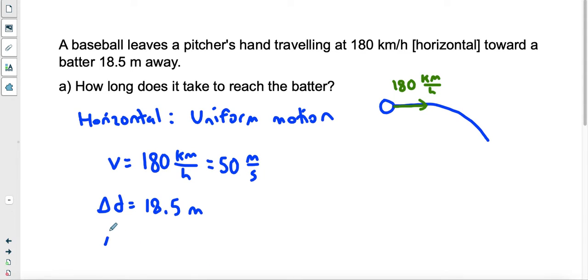And what we're looking for is how long does it take? So again, since we're considering just the horizontal component of this motion, we can use the uniform motion equation: speed is equal to distance over time. And we can rearrange this equation to solve for the time.